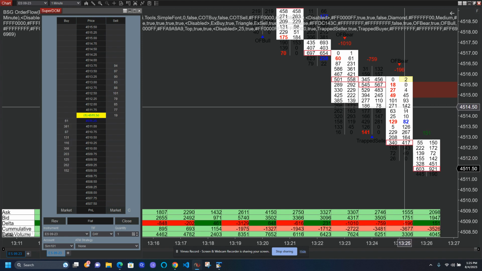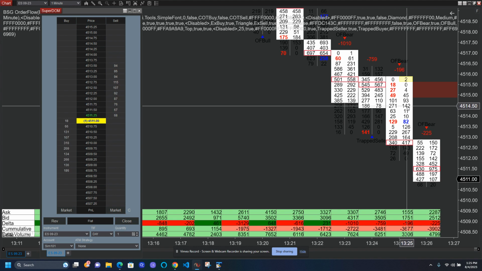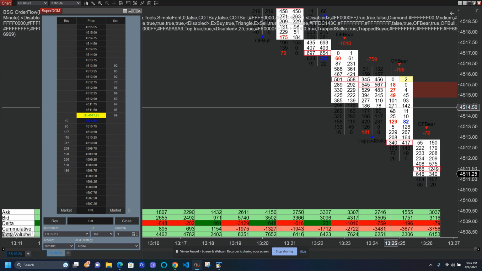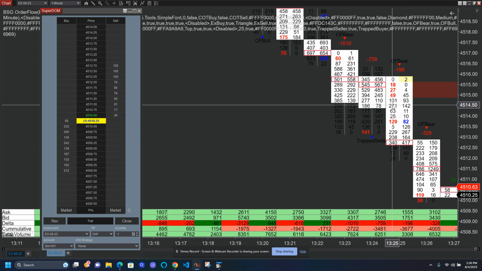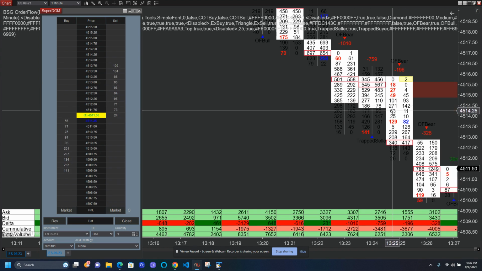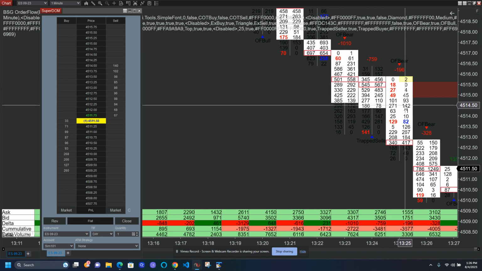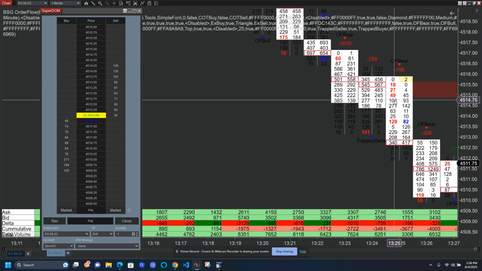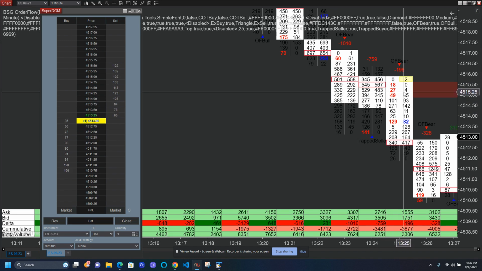All it means is that 142 buy orders, not just market orders, any buy orders, were filled at this price within this exact one-minute time frame. At the same time, during the same one-minute time frame, 271 sell orders were filled. So at every tick you can see how the buyers and sellers are competing with each other on price.